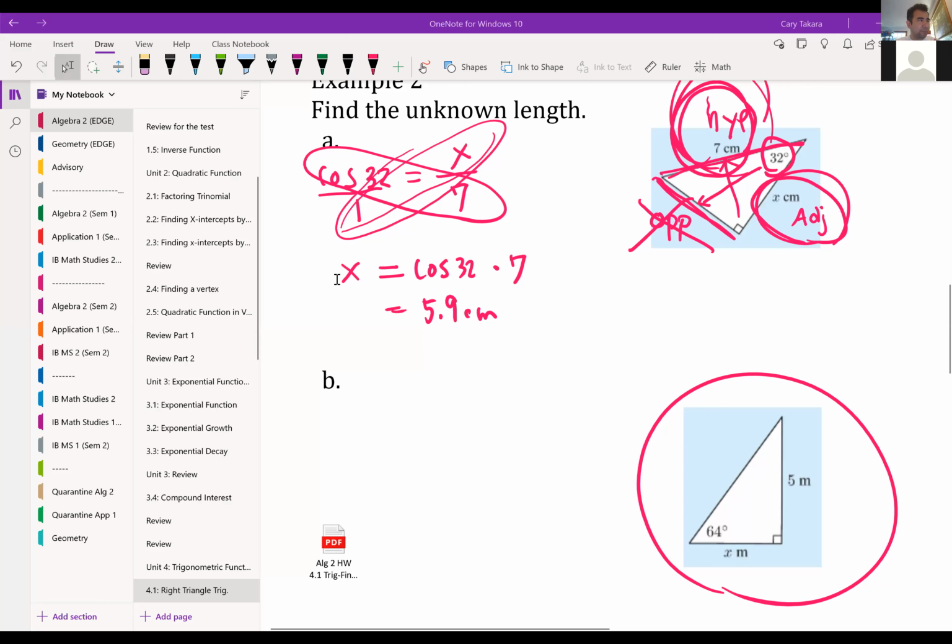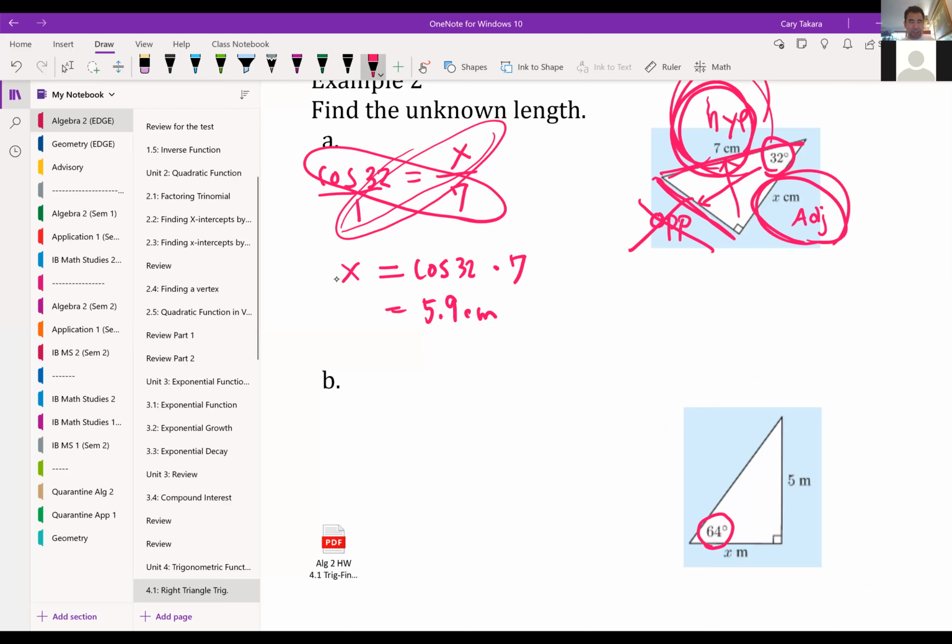For the sake of time, we don't have a lot of time, so I'm going to get started. The focus angle, or theta, is right here, 64 degrees. One angle measurement is always provided, and in this case, it's 64.